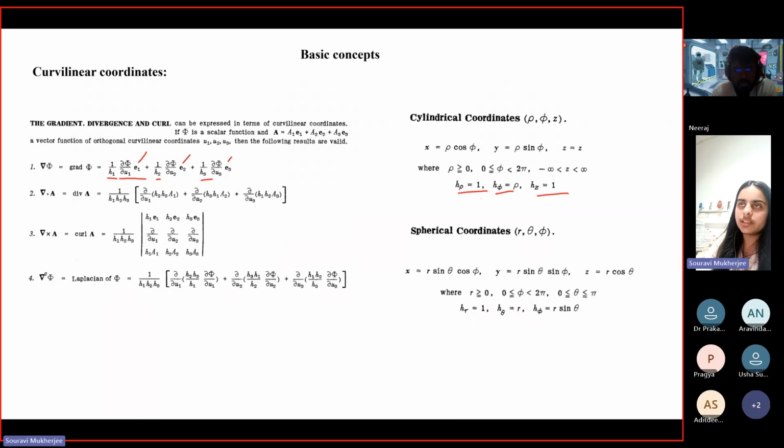So for cylindrical coordinates, what do you get? You get del phi del rho into rho cap. Again, you have plus 1 by h2, where h2 is rho. So 1 by rho del phi del phi.